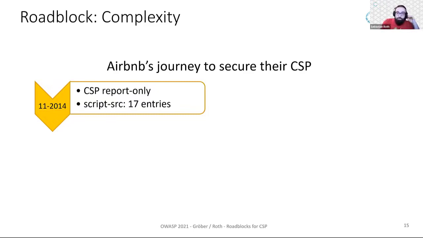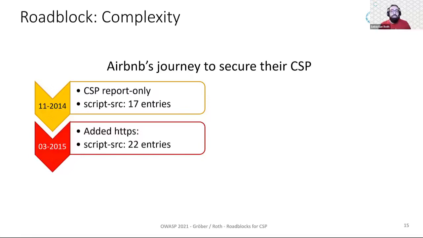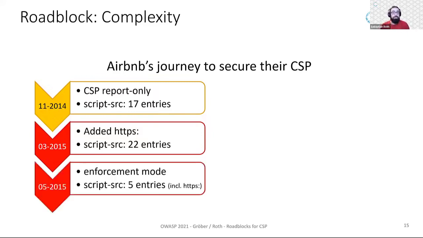In March 2015, they then added the whole HTTPS schema to their default and script source, while their policy was still in report-only mode. Probably they did this because of too many violation reports that they gathered using the report feature. In May 2015, they then switched from report-only mode to enforcement mode.